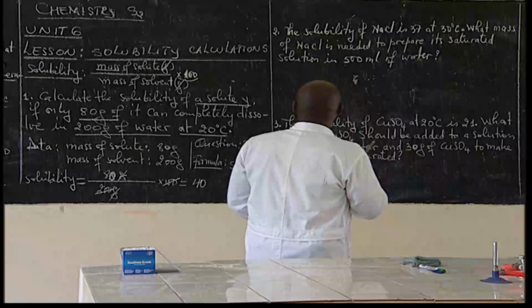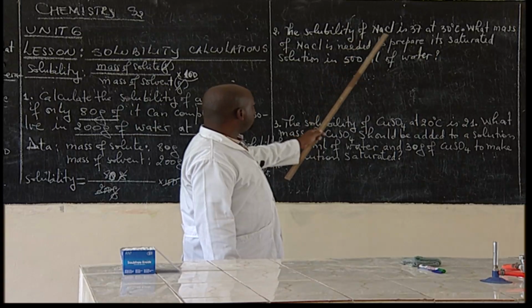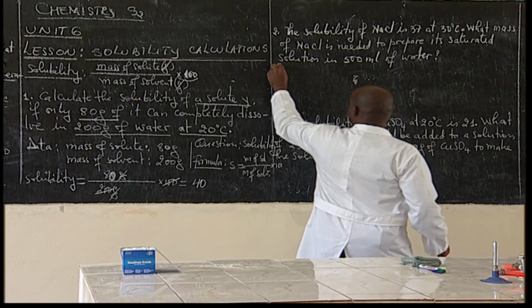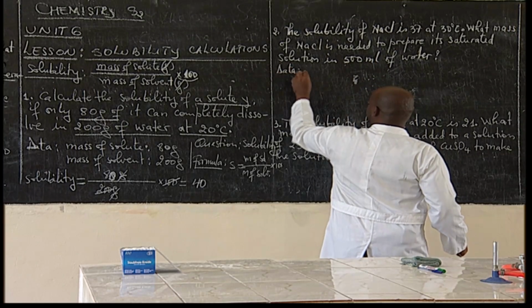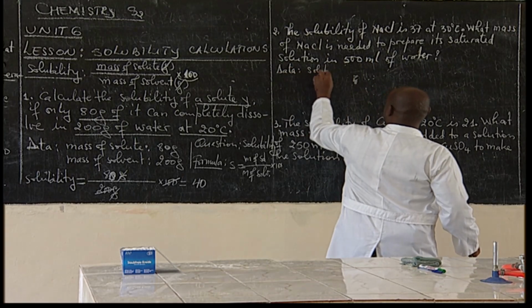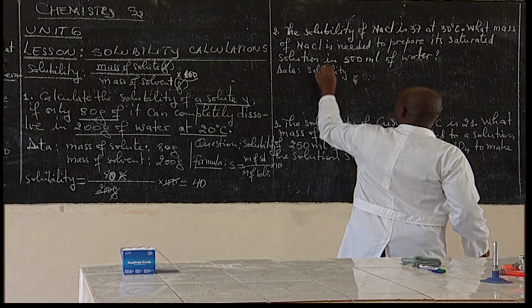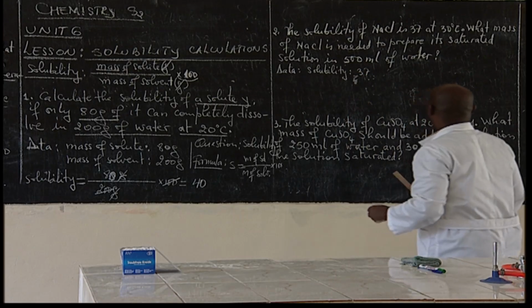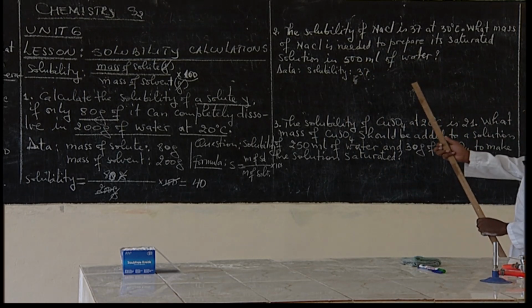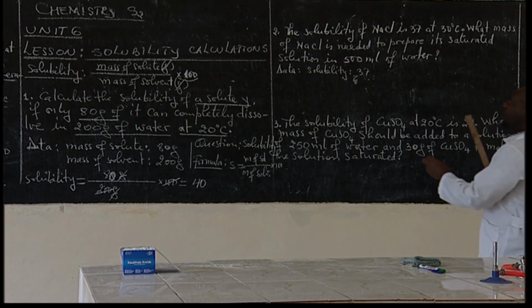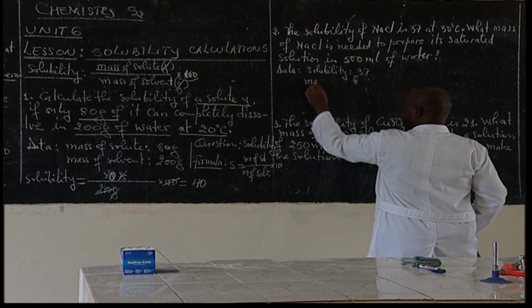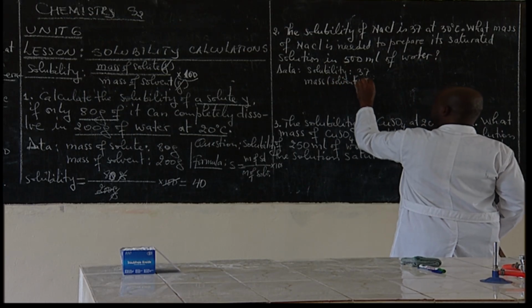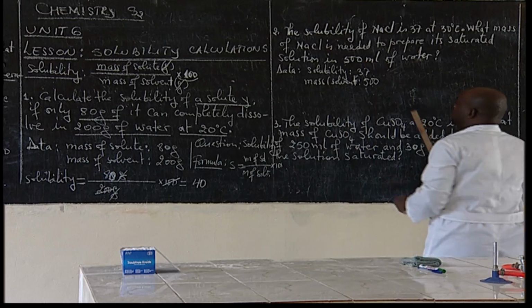Good. The solubility of sodium chloride is 37 at that temperature. So what we have been given is solubility, which is 37. And what mass of sodium chloride is needed? We also have the mass of solvent, which is 500.